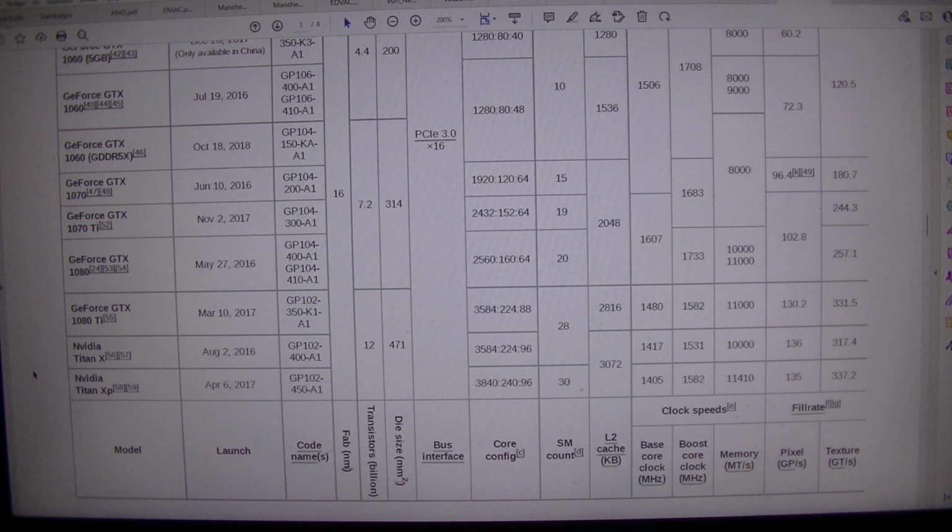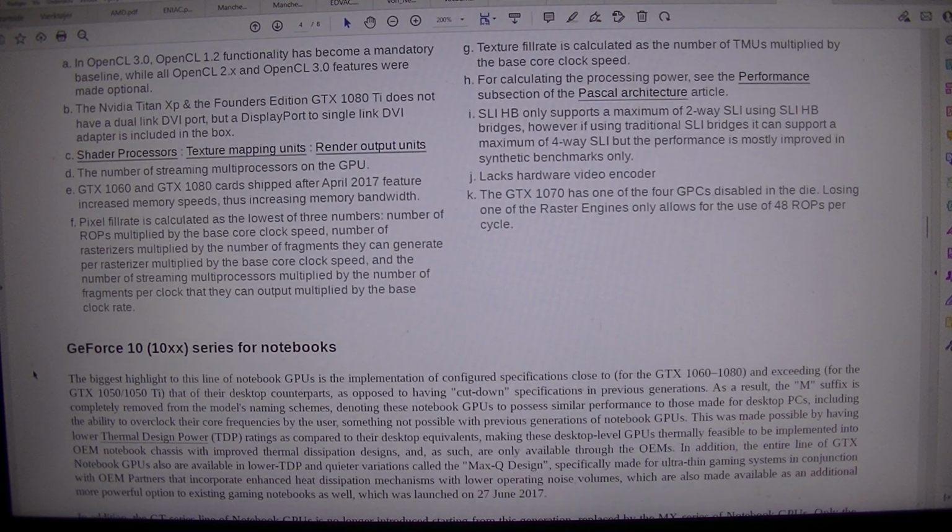In OpenCL 3.0, OpenCL 1.2 functionality has become a mandatory baseline, while all OpenCL 2.x and OpenCL 3.0 features were made optional. The Nvidia Titan XP and the Founders Edition GTX 1080 Ti do not have a dual-link DVI port, but a DisplayPort to single-link DVI adapter is included in the box.